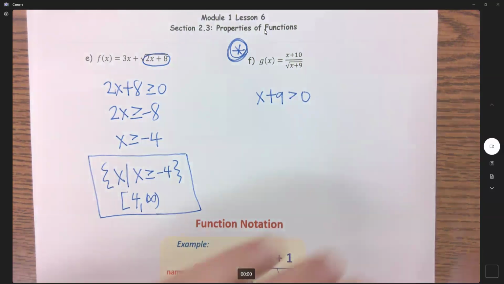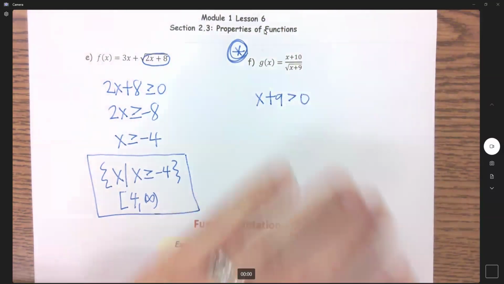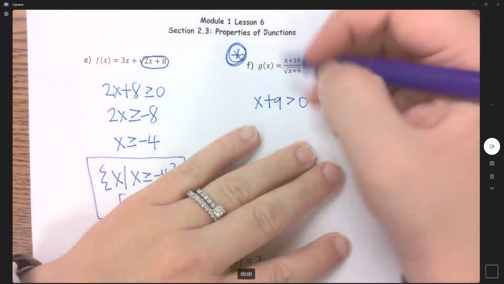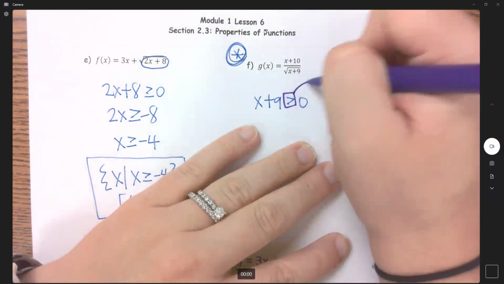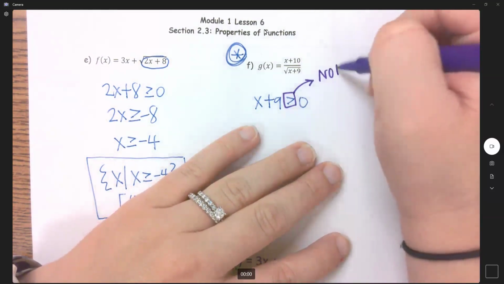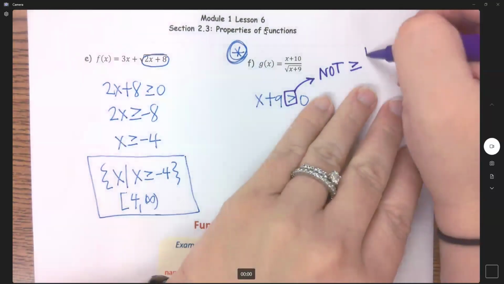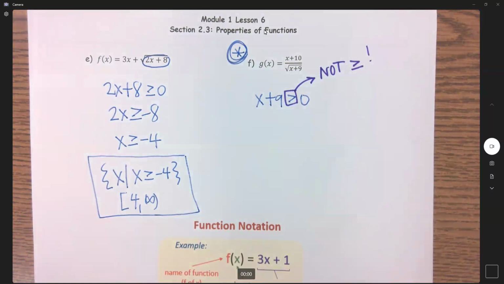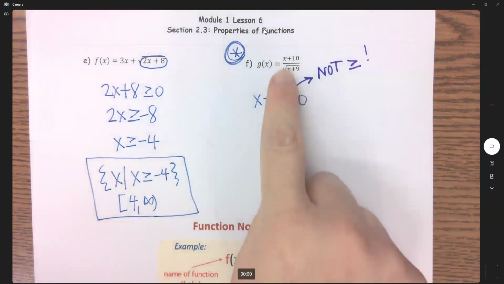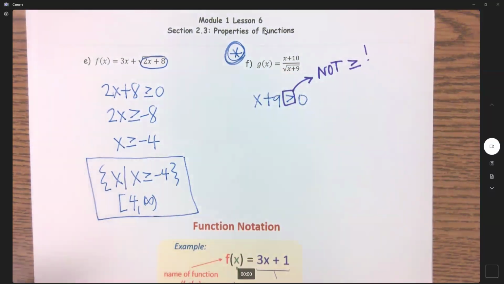I'm going to make a little note here, and I'll use a different color, that this is not greater than or equal to, because it cannot equal 0 because it's in that denominator here. So it must be greater than 0.